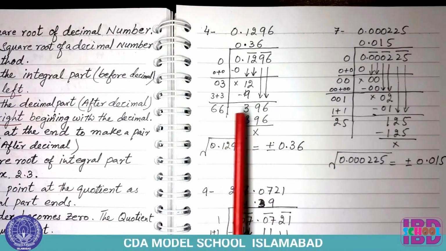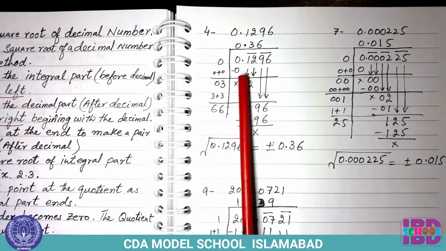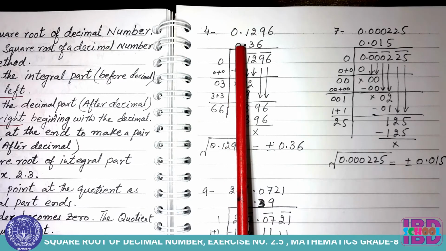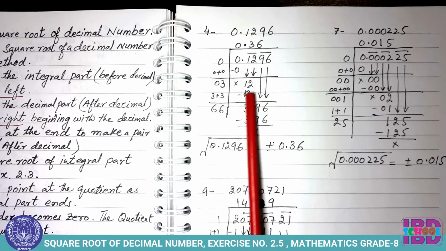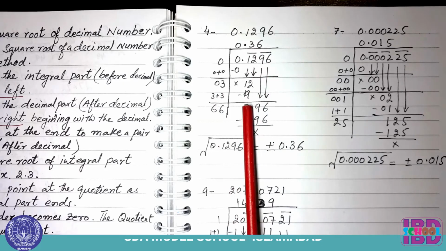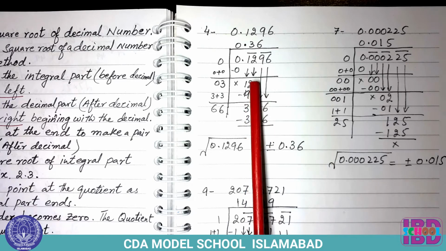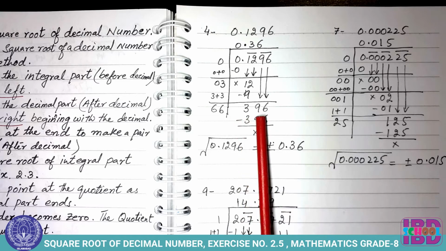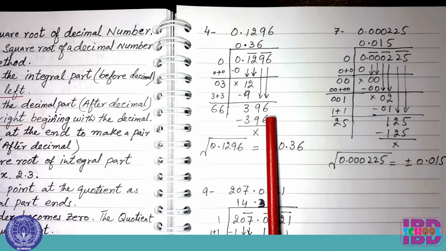Look here, before the decimal we have 0. So 0 into 0 is equal to 0. Shift the point in the quotient and note the new pair 12 down. Here 3 into 3 is equal to 9. It is suitable. So subtract 9 from 12. We have 3 after putting the new pair, that is 96, down. The dividend becomes 396.